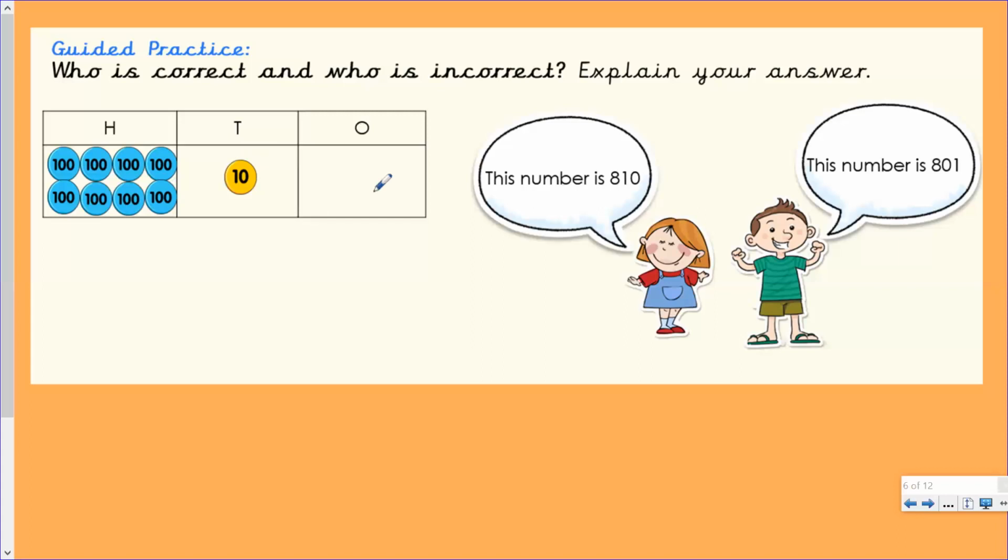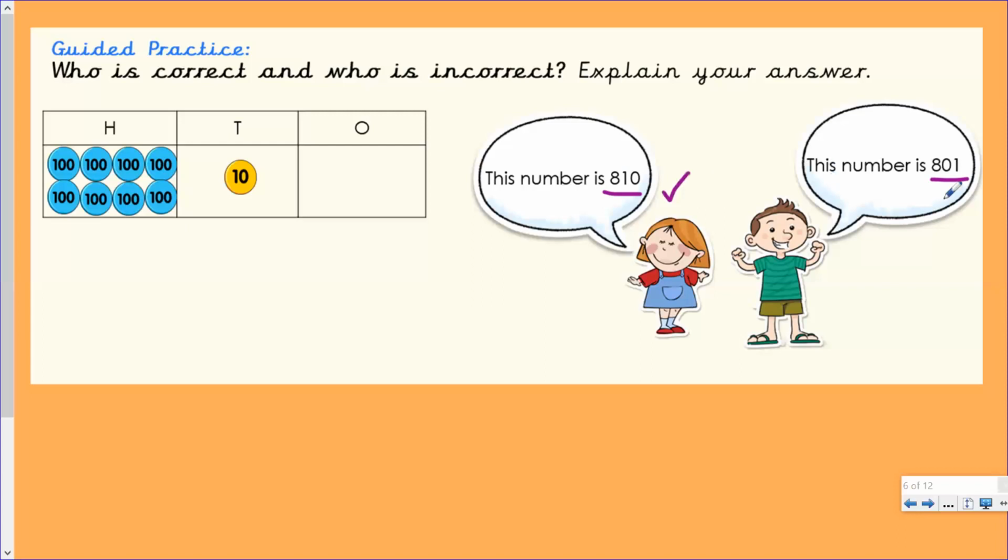Do we have any ones? No. So let's have a look at the numbers that are represented here. Here it shows that there are no ones, which is correct, 1 tens, which is correct, and 8 hundreds, which is also correct. So we know that the girl is right.